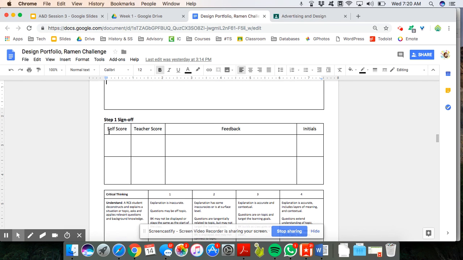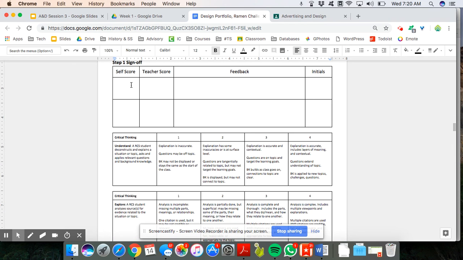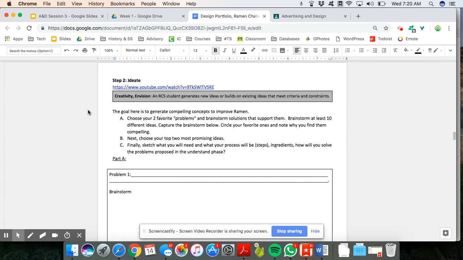You can see at every stage of the design portfolio, we have a sign off. You can't move on to step 2 until you're done with step 1 and you've gotten signed off. So we'll check off step 1 today, and then we'll move on to step 2, which is ideate, which is brainstorming. What are the ways that we can make our ramen better?